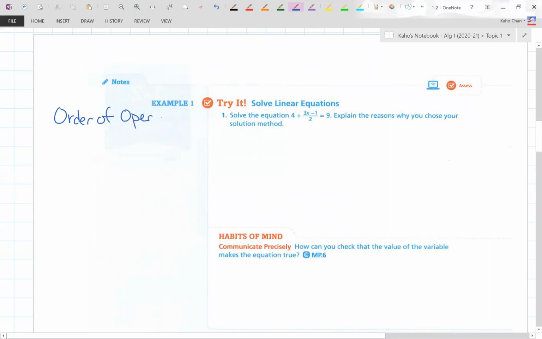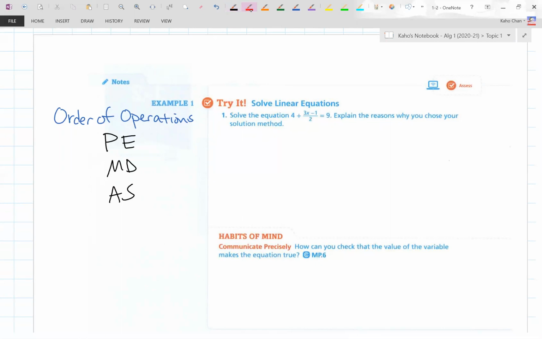Write that down off to the left-hand side. I realized early on as a student myself, the acronym PEMDAS was a great way to memorize order of operations.